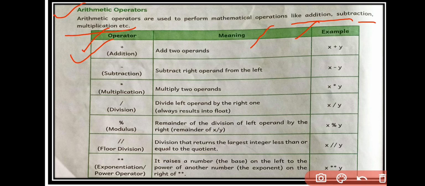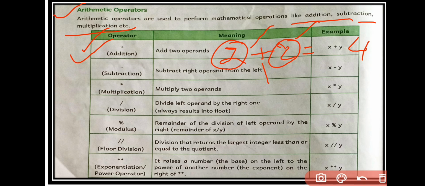Like 2 plus 2 equals 4. Here 2 and 2 are operands, and plus is the operator. The addition operator is used to add two operands.